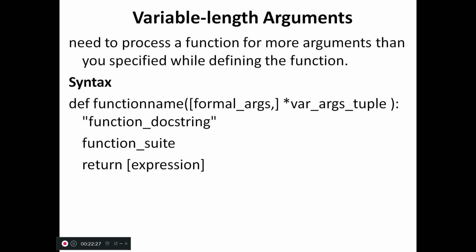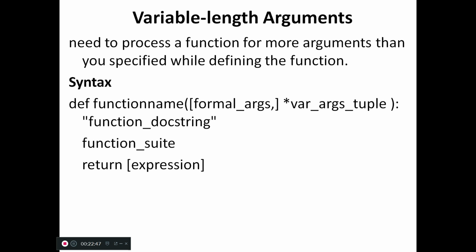Variable length arguments. You may need to process a function for more arguments than you specified while defining the function. These arguments are called variable length arguments and are not named in the function definition, unlike required and default arguments.